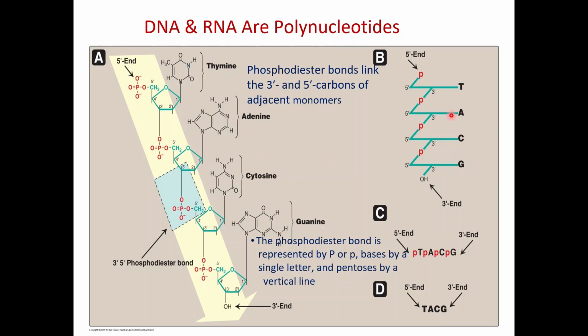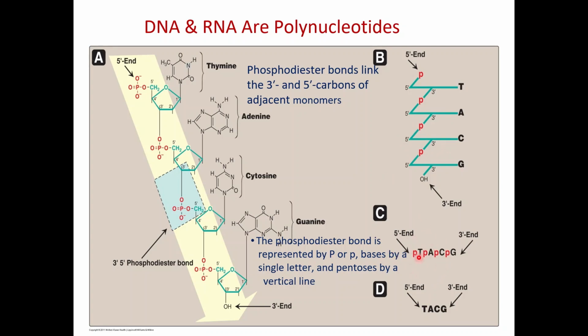Now there are different conventions for how you represent a polynucleotide. Phosphodiester bonds are represented by small p or capital P, all the bases via a single capital letter, and pentoses via a vertical line. So these are the pentoses, vertical lines. This is one way of representing a polynucleotide.